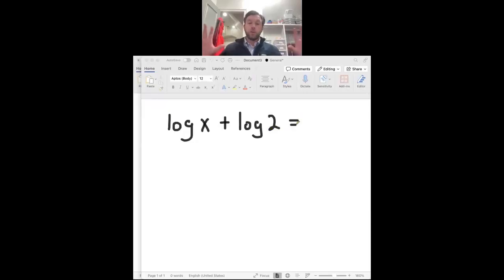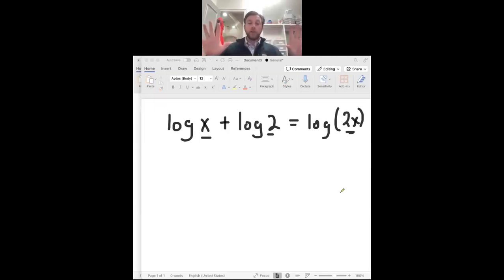You can also use the rules to combine the expressions. When you're taking 2 logs and you're adding them, you can collapse them into one log that multiplies the 2 values. So we take the x and the 2 and we multiply them to give 2x. So the rules work in reverse too.